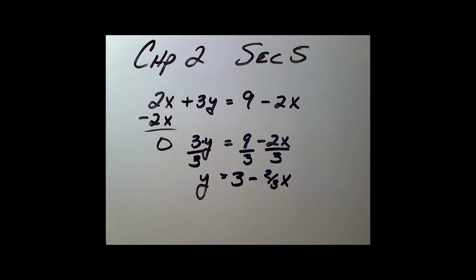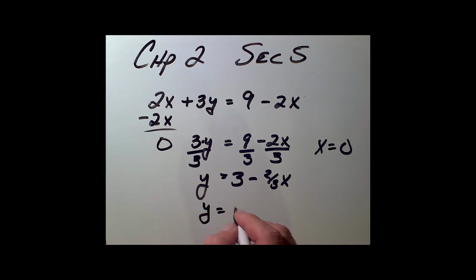Now here's the fun part. We're going to put a value in for x right here. We're going to say x equals, let's say, well, let's pick an easy one, 0. What would y equal then? All right, if we were to look at this equation right here where we said x equals 0, we could write it like this.